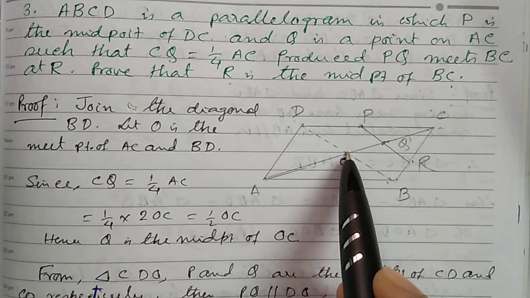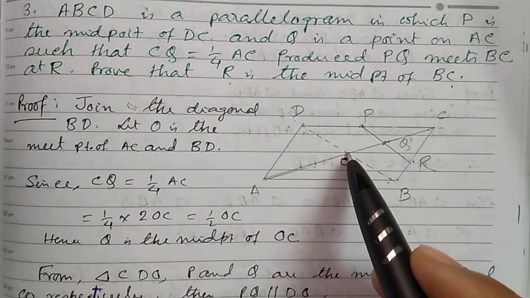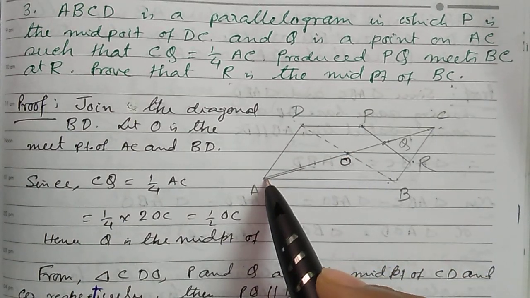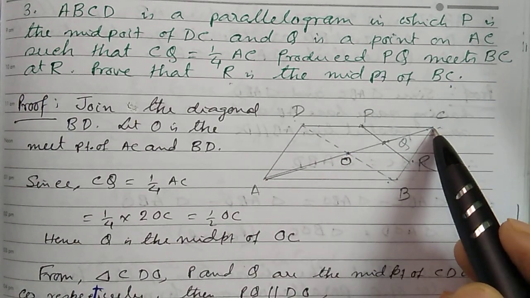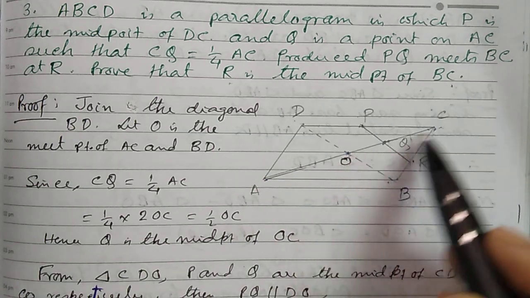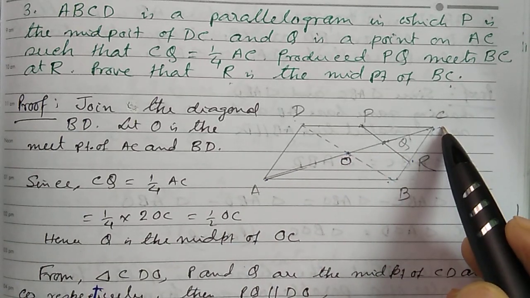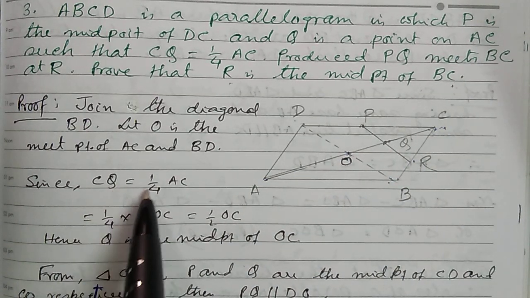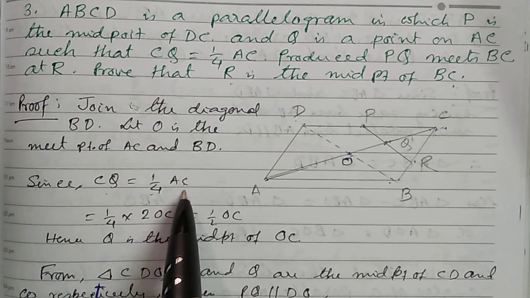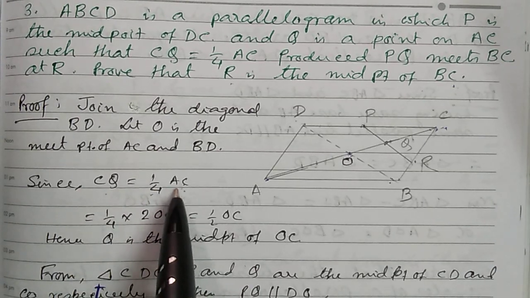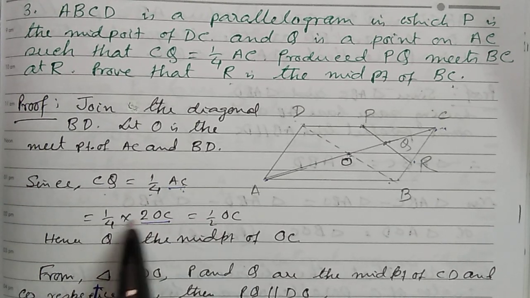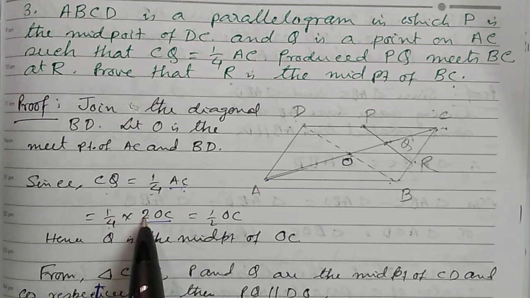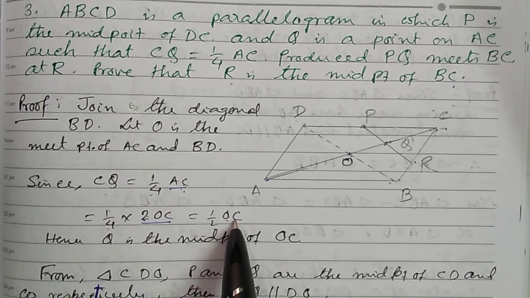And we know O is also the midpoint of AC, that is OA equals OC. Since CQ equals 1 by 4 AC, which is given, and AC equals 2 OC, that is 1 by 4 into 2 is 1 by 2, so CQ is 1 by 2 OC.